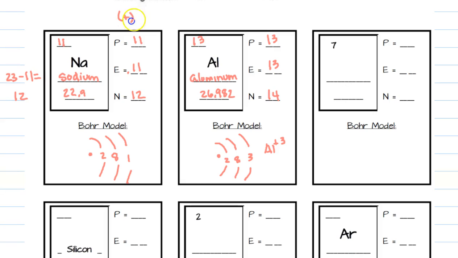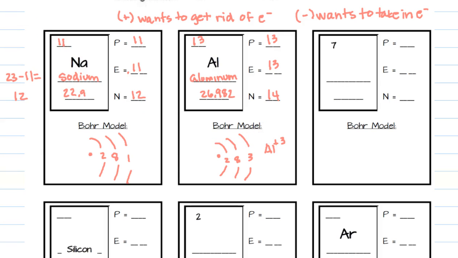Positive tells you it wants to get rid of electrons. And negative tells you it wants to take in electrons. And the number tells you how many.